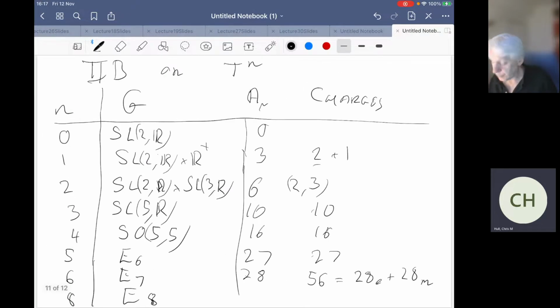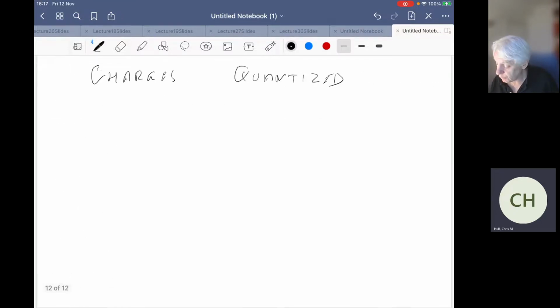For example, in 4 dimensions, there's a familiar quantization that if you have a theory of both electric and magnetic charges, there's a quantization of the electric and magnetic charges. And there's generalizations of the arguments leading to that in all of the higher dimensions.